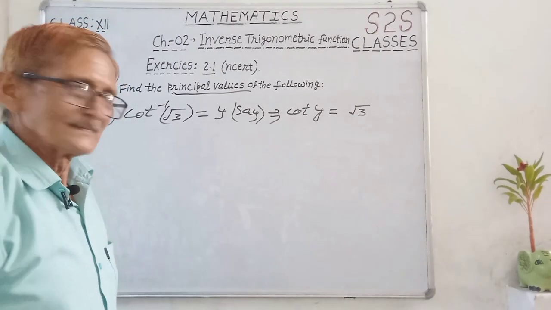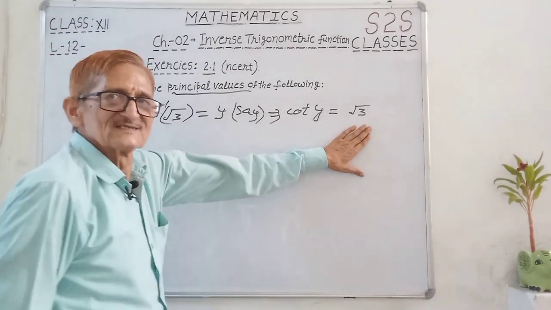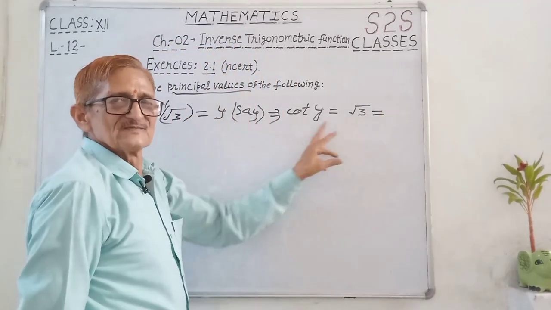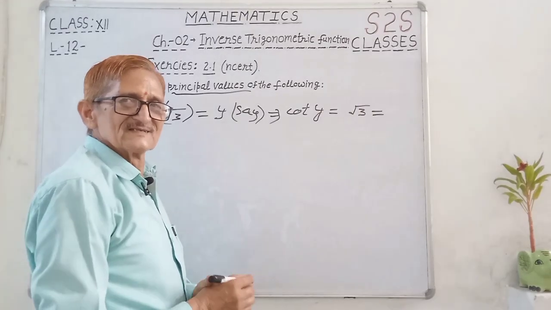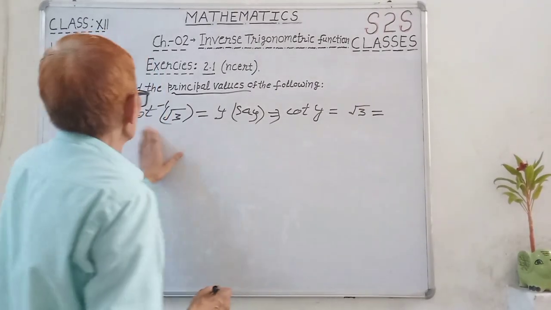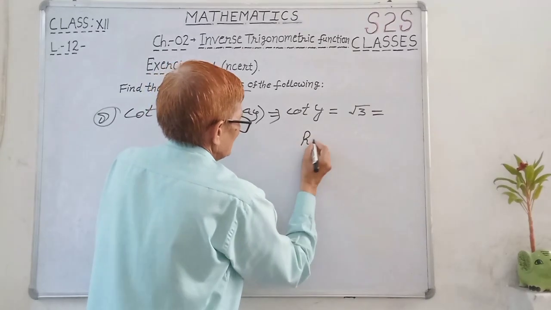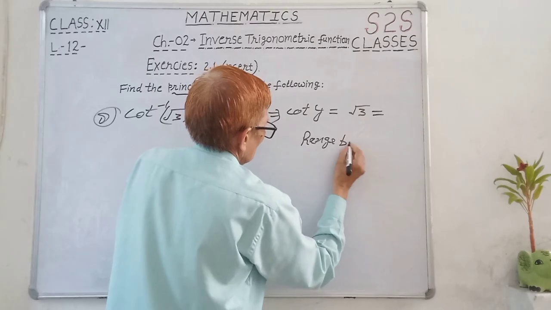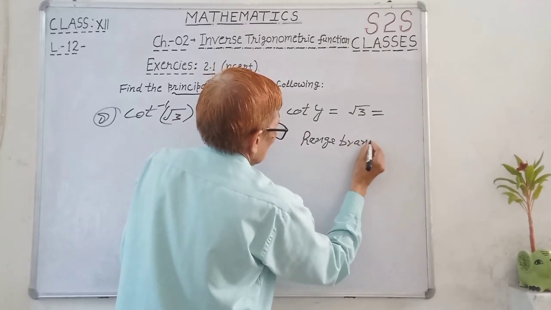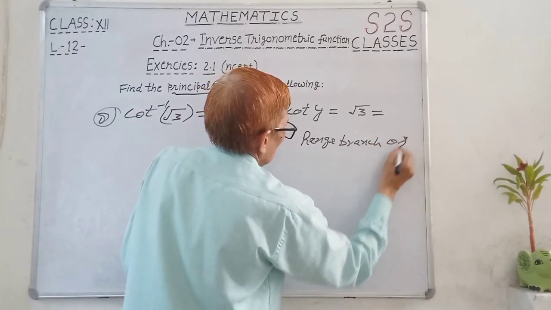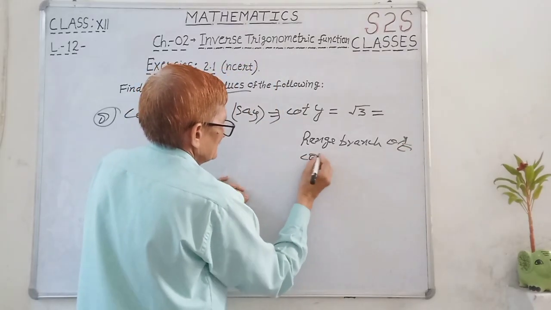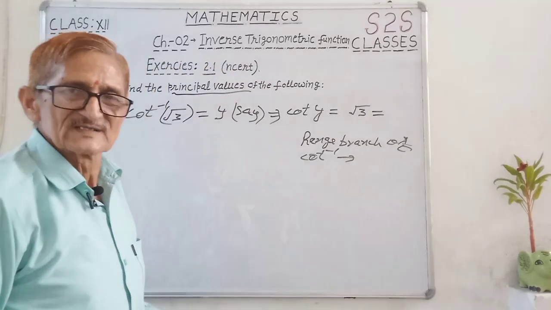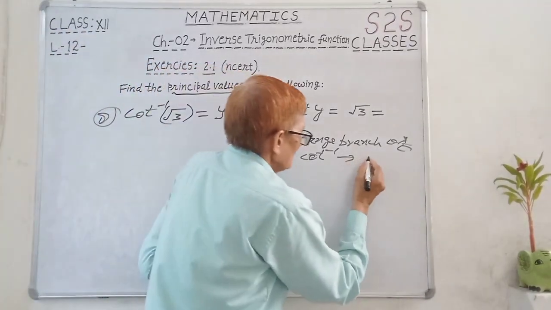Okay? Cot y is root 3. So what is y? It is positive in the first quadrant. Because again, the range branch of the cot inverse function is 0 to pi, open interval.